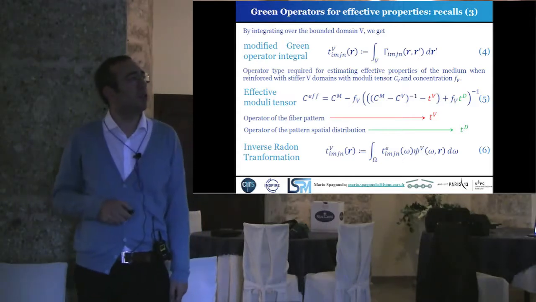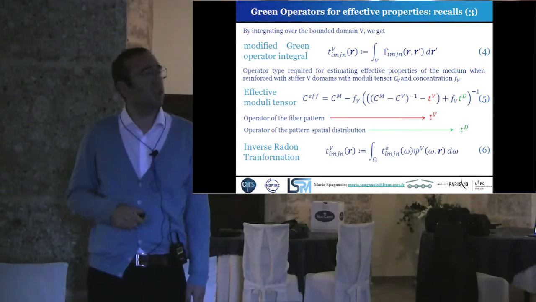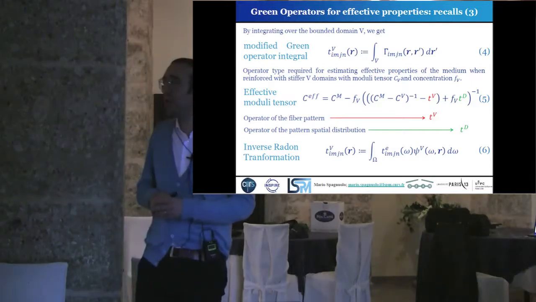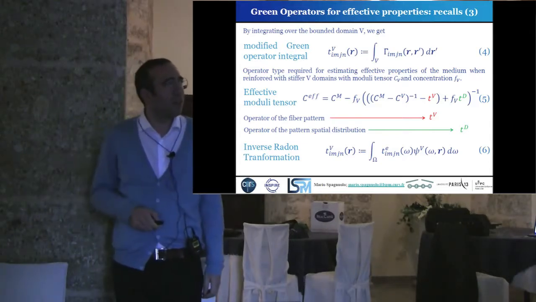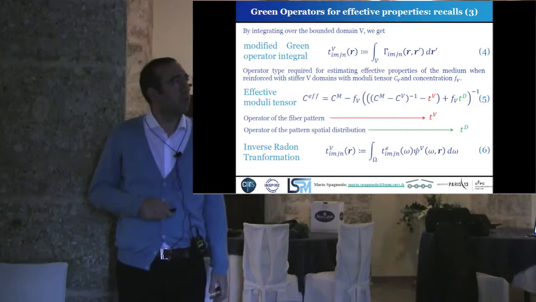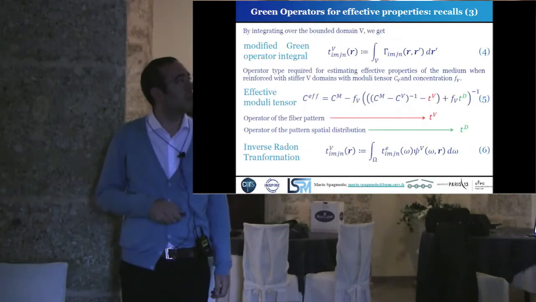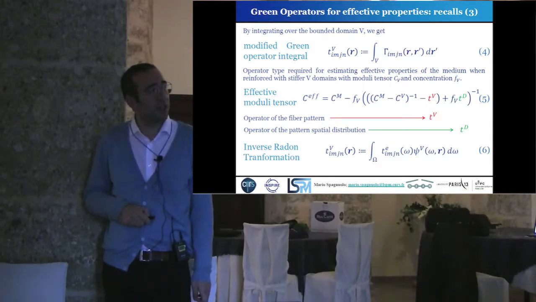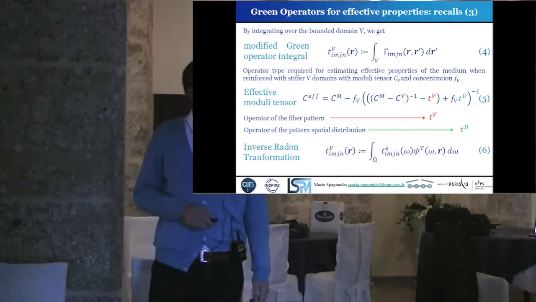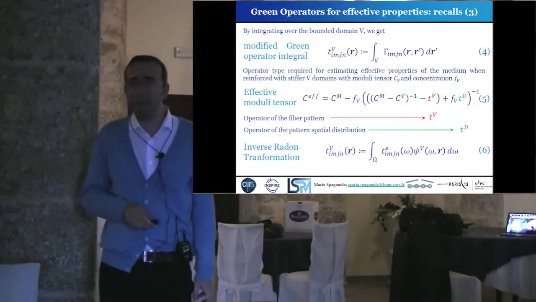The red one is the operator of the fiber pattern, and the green one is another Green operator which is related to the spatial distribution of the inclusions. One interesting interpretation or rewriting of this operator is done via the so-called inverse Radon transformation, which allows us to rewrite the operator via a term which is a shape function which depends only on the geometry, and another term which depends on the physics, on the properties of the materials.